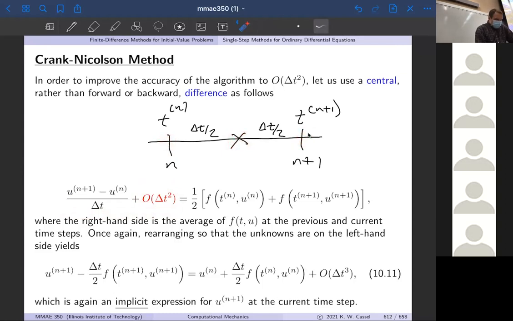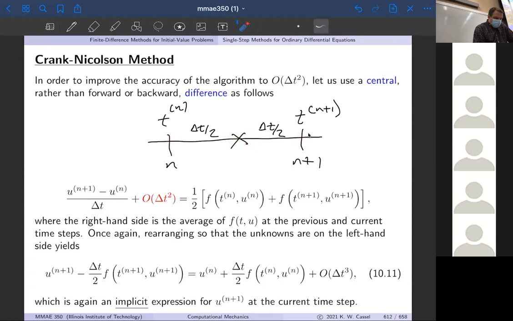So let's just take the left-hand side again for a moment. So this is du dt. So this is now a second order accurate central difference approximation for the first derivative. Fine, that's no problem. Now I need f as a function of t and u at that point. How can I get it? Well, it's halfway between these two. So why not just take the average?